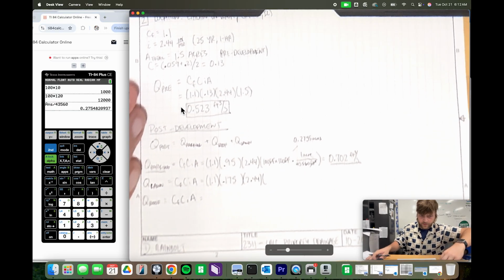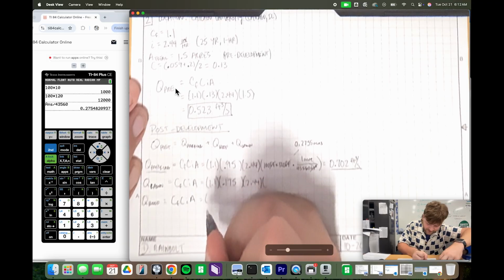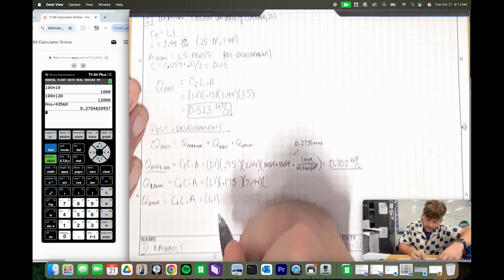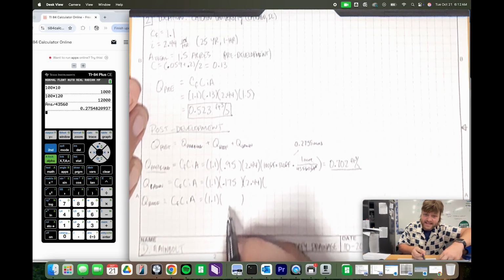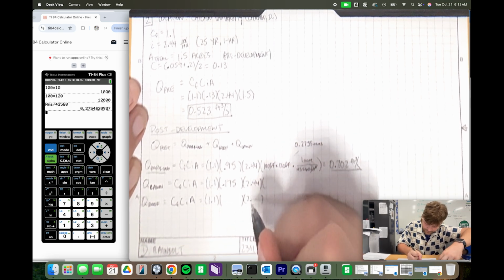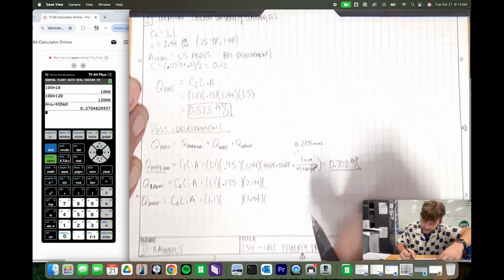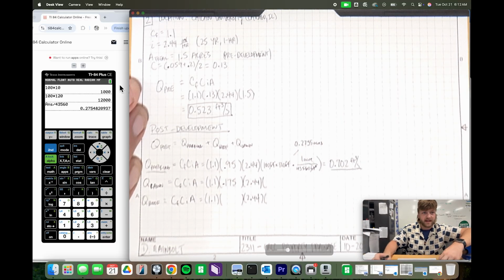So Q of the roof, we're going to bring that back up there. CF C I A. Just as we were saying, the CF value is going to remain the same. Also, our I value is going to remain the same. C will be different because it's based off of material type, right? CF and I are just in relation to the storm that we're dealing with. And then we're going to have to do the conversion for the area there too.